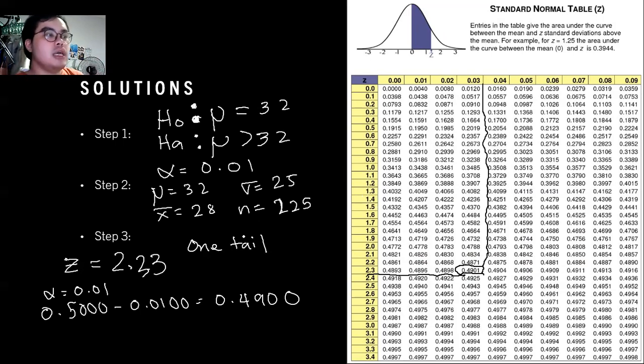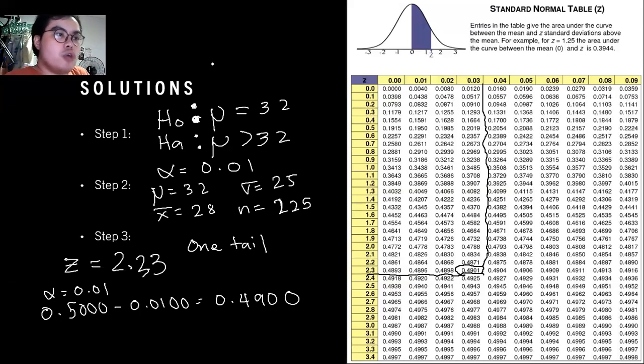For a one-tailed test, we go straight to subtracting 0.01 from 0.5000. We don't divide the level of significance; we only divide it by 2 if it is two-tailed. Since this is one-tailed, we subtract the significance level right away.